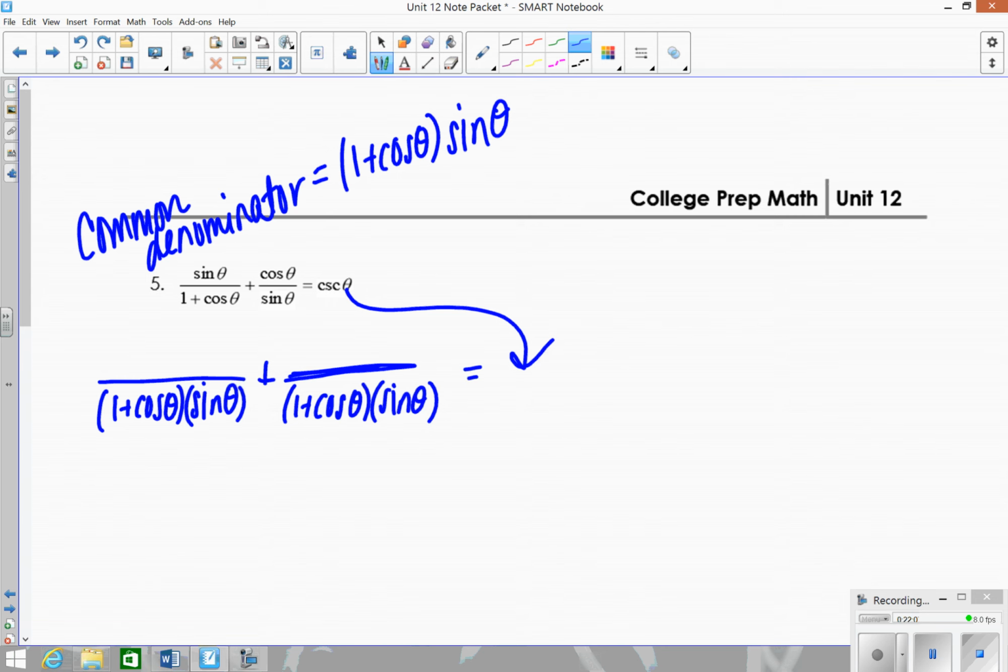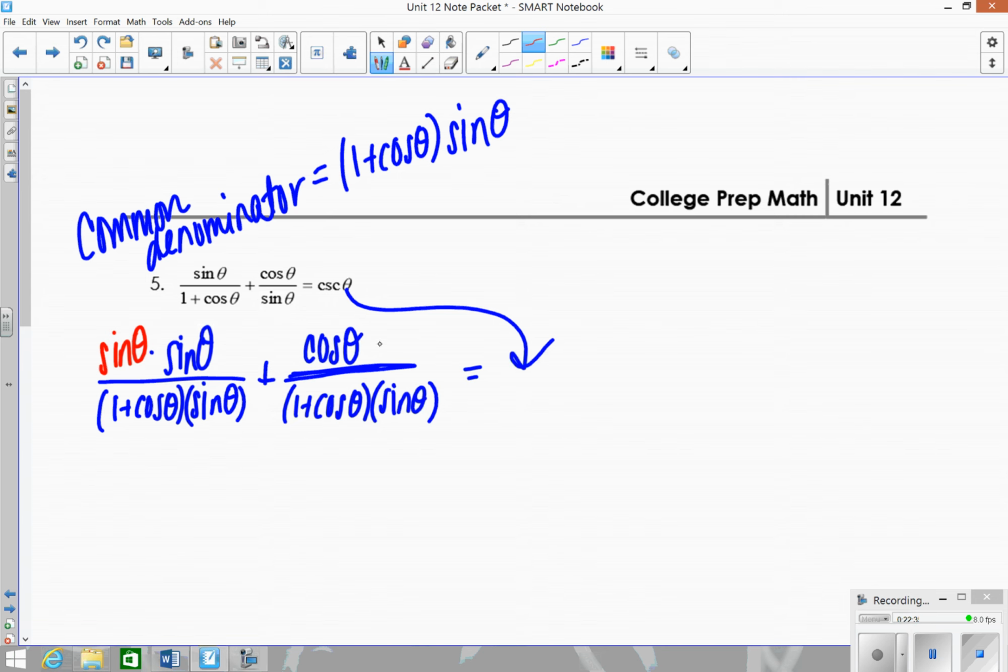So now what I have to ask myself is, what did I have to multiply this one by to make this denominator happen? And the answer is you had to multiply by this extra sine theta. So I'm keeping the original, and I had to multiply by sine theta since I did it at the bottom. And then for this other one, I have cosine theta up top already, but the question is, what did I have to multiply this by to get this denominator?